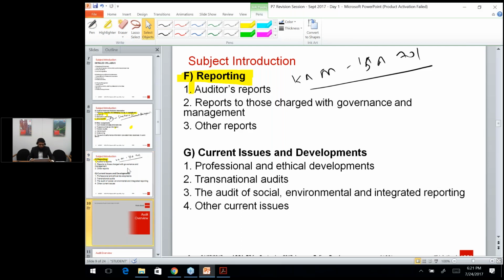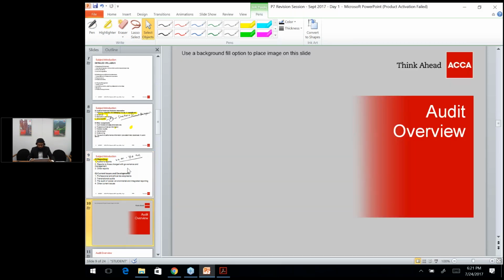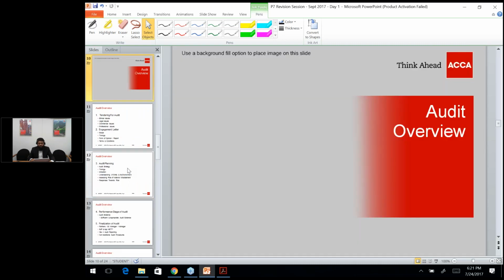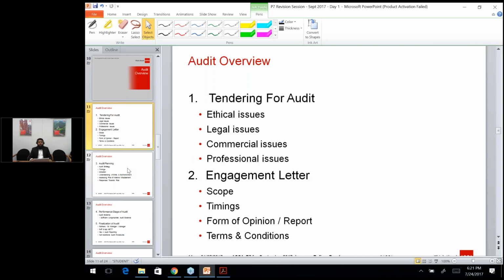So this is the overall syllabus overview, and we are now going to start discussing the syllabus. In this first session, where we are going to be discussing the audit overview, what I'm going to try to do is create an overall picture of the audit: how does the audit actually operate, what are the various steps of the audit.